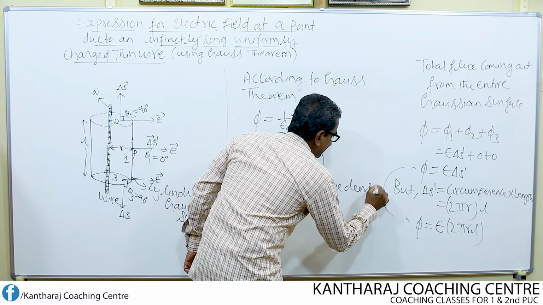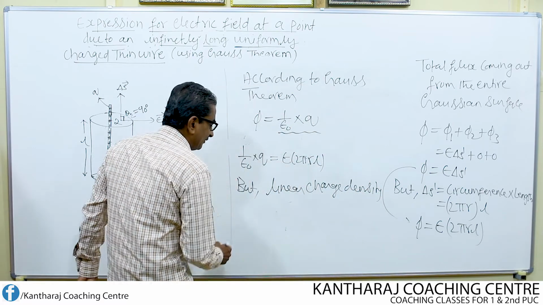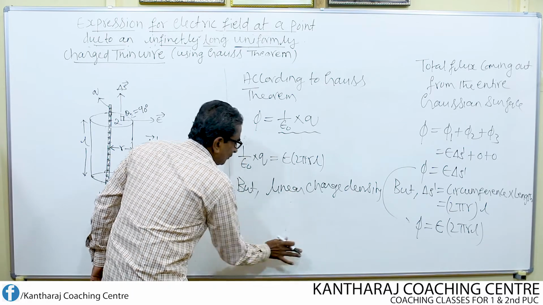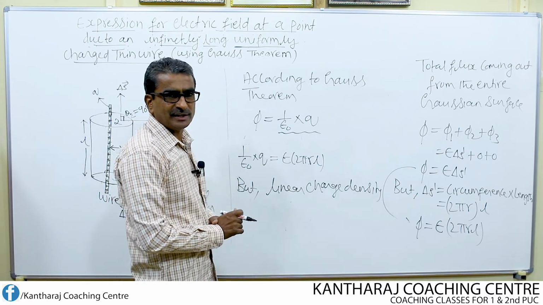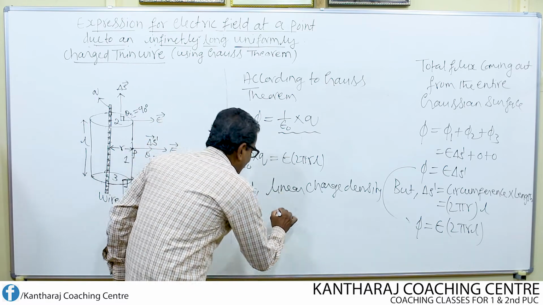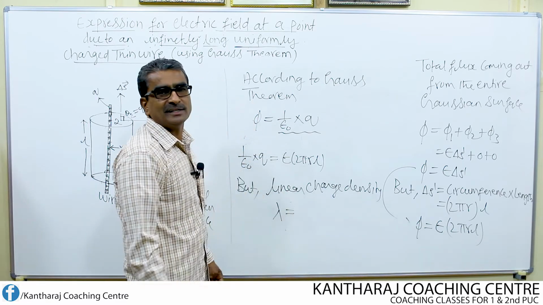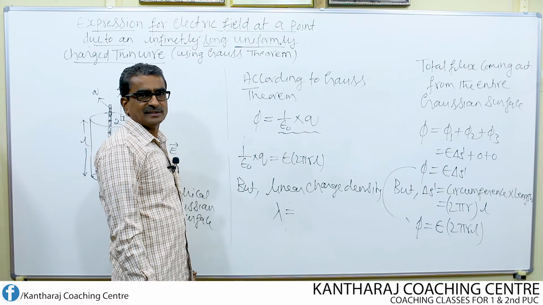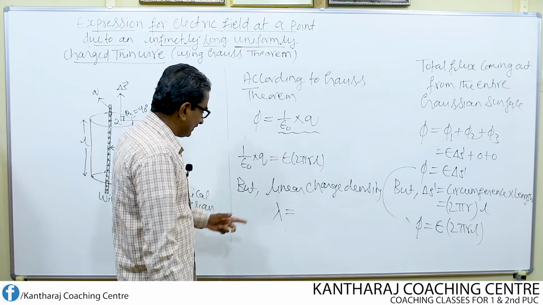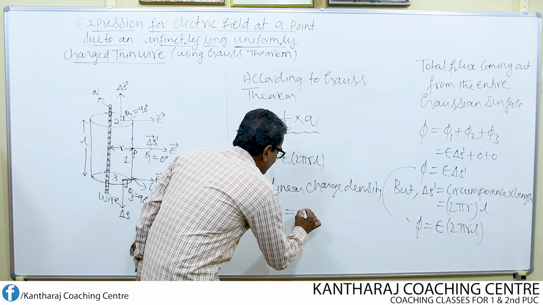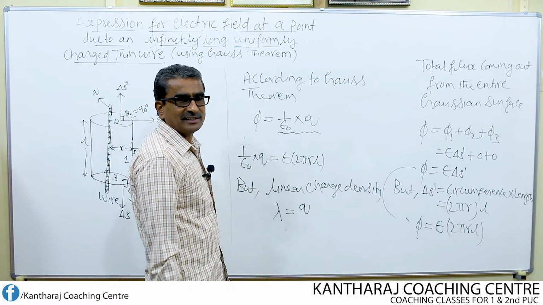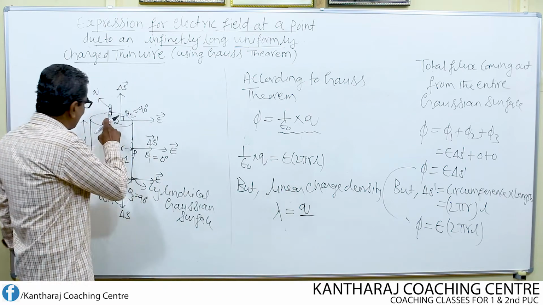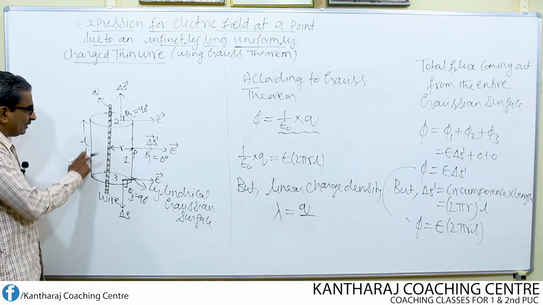Linear charge density is given by, what is the symbol we usually use? We use the symbol lambda. It's given by charge per unit length. That means lambda equals the charge. I consider the charge on the wire as Q. Then the length of the wire should be taken corresponding to the length of the cylinder.